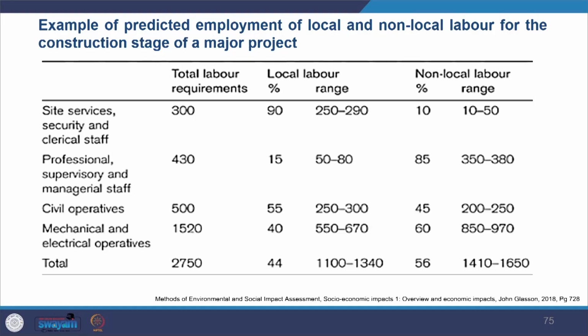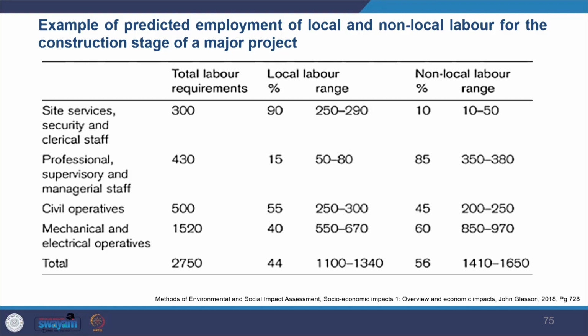Further, while predicting local and or regional direct employment impact, you can simply calculate the number of jobs that would be created. You can also look into the disaggregation of different project stages, like at different locations, different time periods, what kind of jobs will be created.